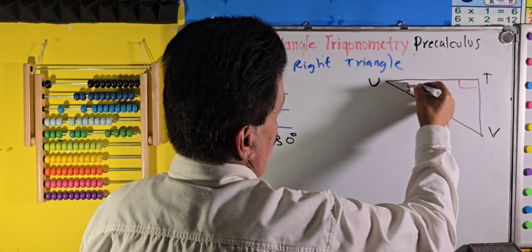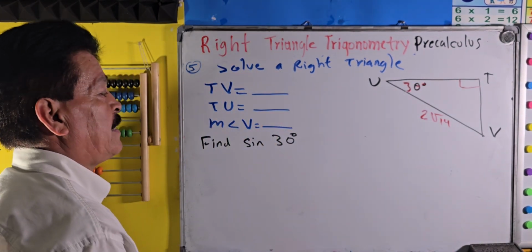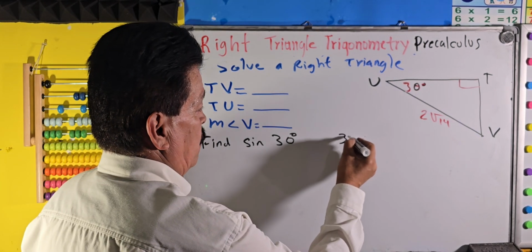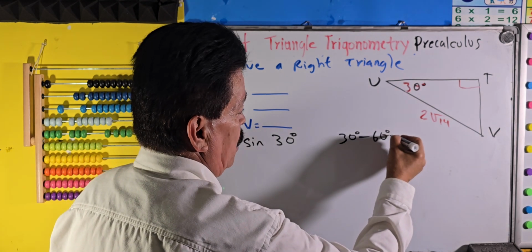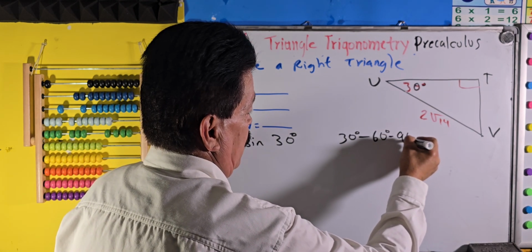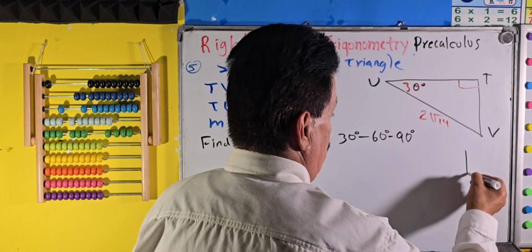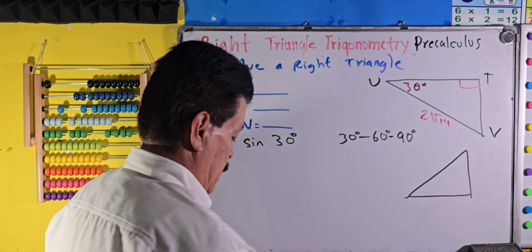To calculate the sine of 30 degrees, first we draw the special right triangle with one angle of 30 and the next angle 90 degrees. If we make a picture, this triangle will be like this, right?